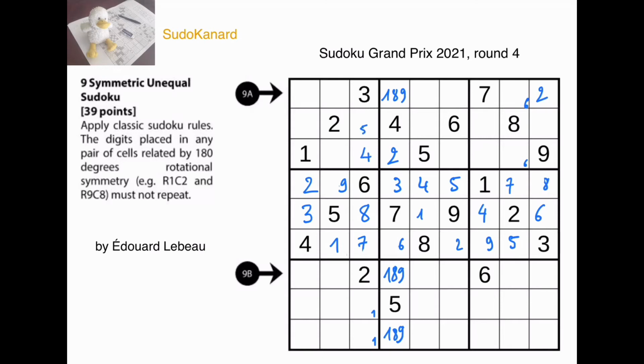And this is 5 or 9, this is 1 or 9, 1, 5 or 9. This can only be 5, 7 or 9, that's not very interesting. This is not 7, 8, so 7 and 8 need to be in those cells.